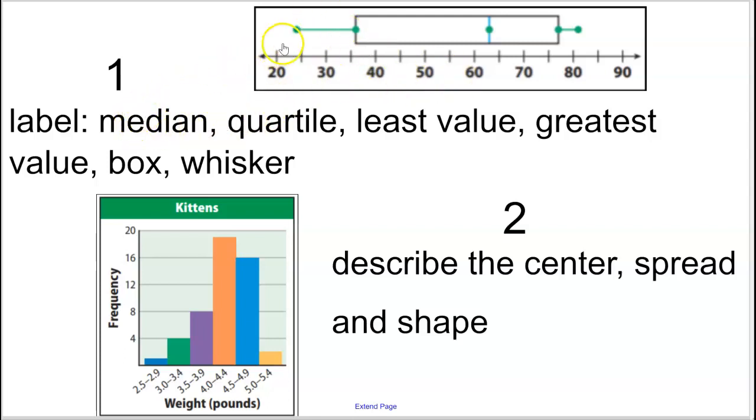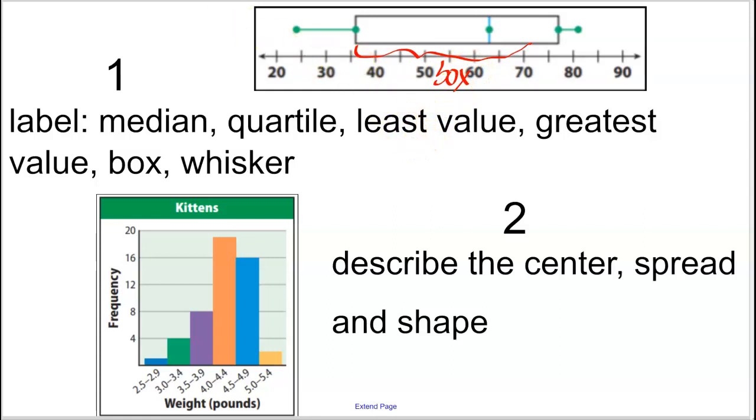For this number 1, label median, quartile, least value, greatest value, box, and whisker. You see how it looks kind of like maybe a cat in the middle and then his whiskers? So it's a box and whiskers. This part is the box.